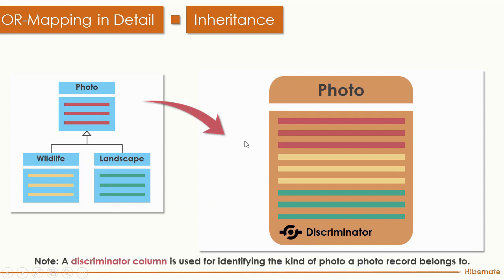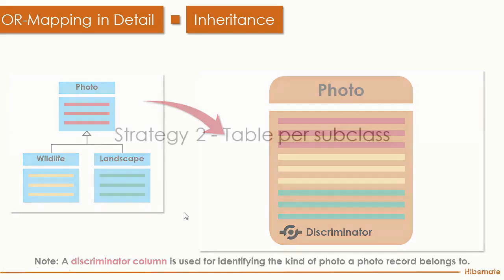The first strategy is to put all the attributes into the same table. Then we use a discriminator column to distinguish which object this table row is representing. You can imagine if you save the data to the database and you load it back, Hibernate needs to know whether this row is representing a photo or a wildlife or a landscape, things like that.